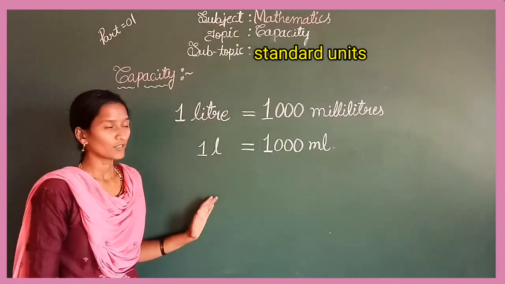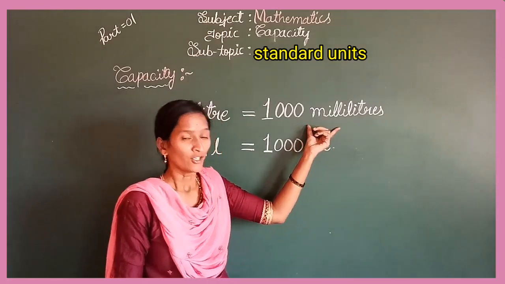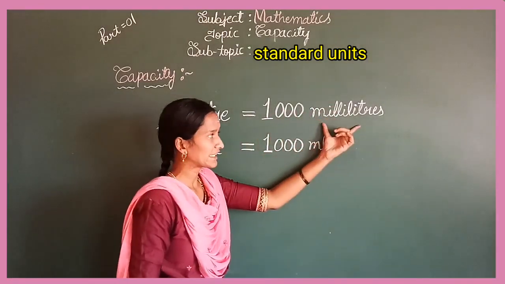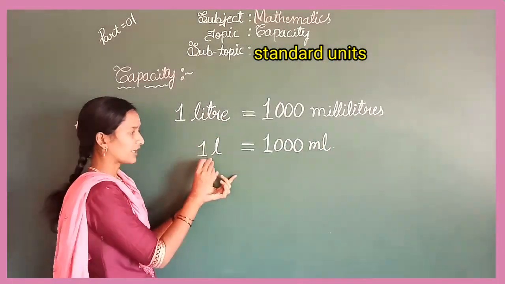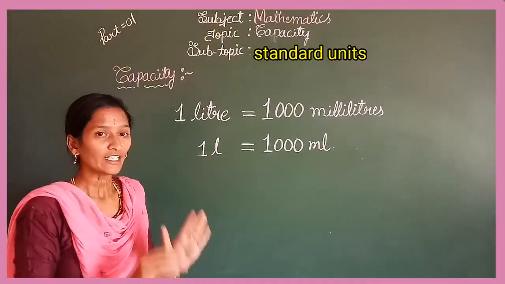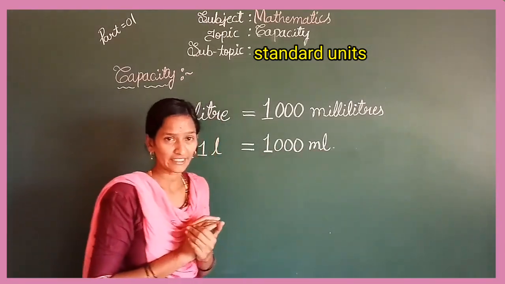The short form of liter is small l and the short form of milliliters is small m and l. So 1 liter is equal to 1000 milliliter. Here the liter is a large quantity and the milliliter is a smaller quantity, right?